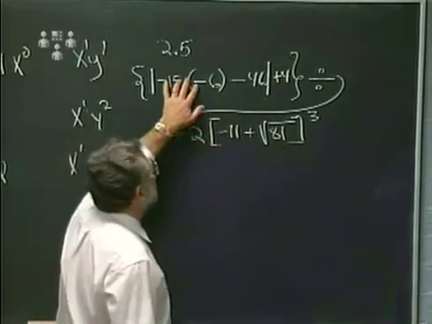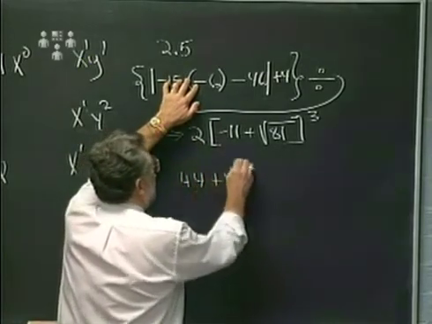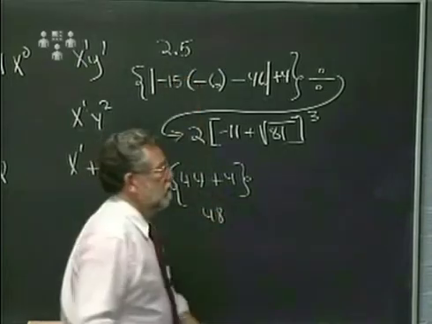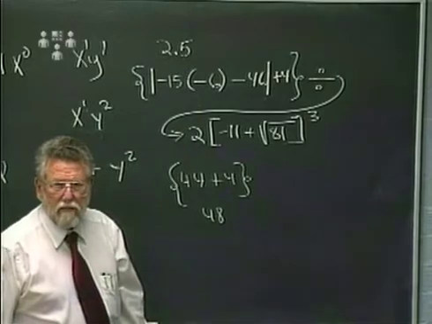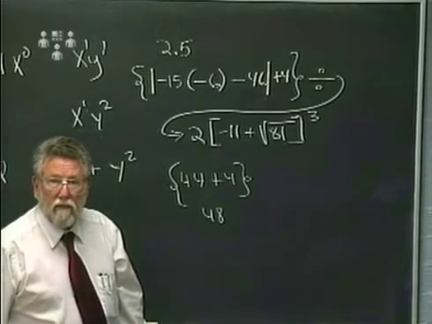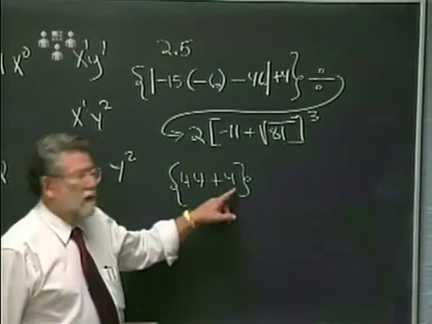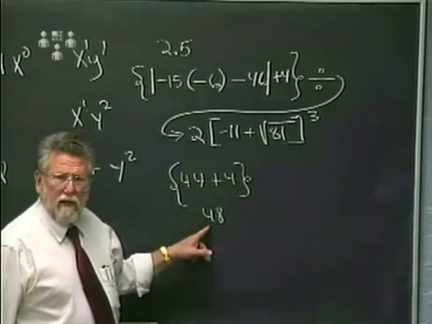So the absolute value of 44 was 44 plus 4, and so this first part became a 48. Do we agree? And where did you? You didn't get the 48?